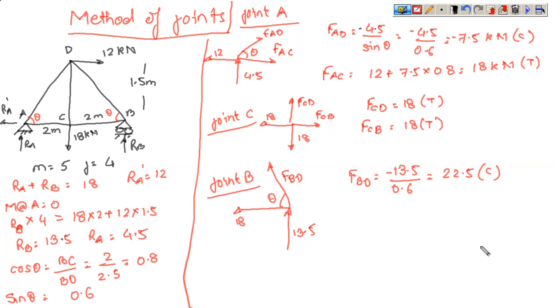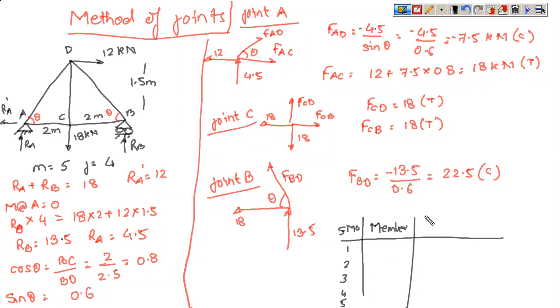You need to prepare a table. The configuration of the table will be something like this, where it will have the serial number, meaning the number of members. So there are five members, so you need to write all five, 1, 2, 3, 4, 5. You need to write down the name of the member, let it be AB, BC, CD, whatever it is.